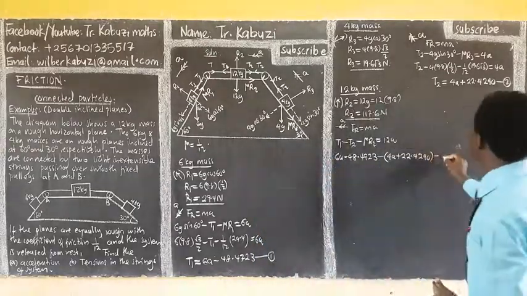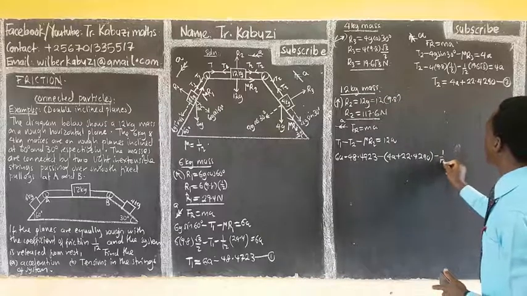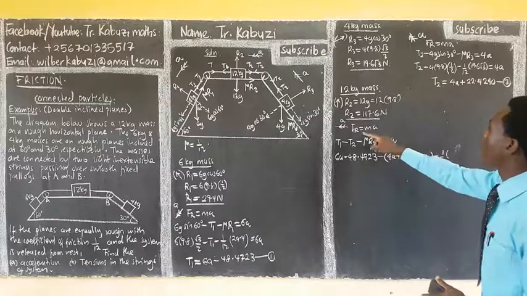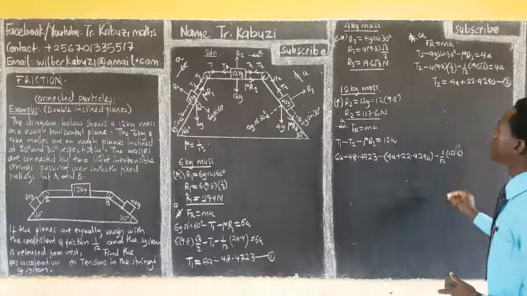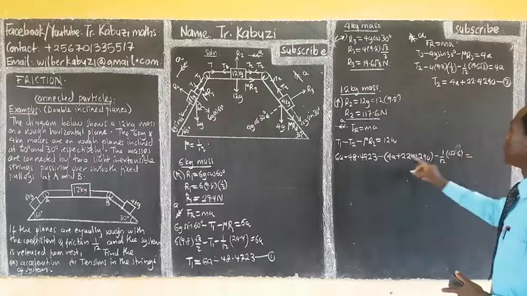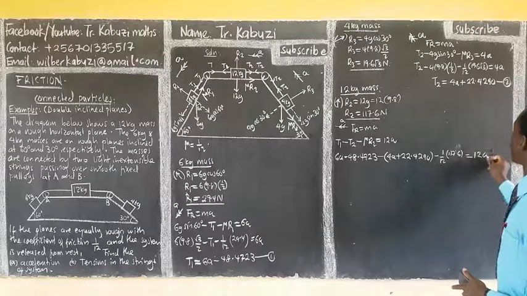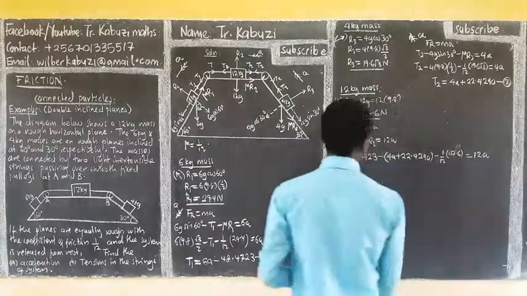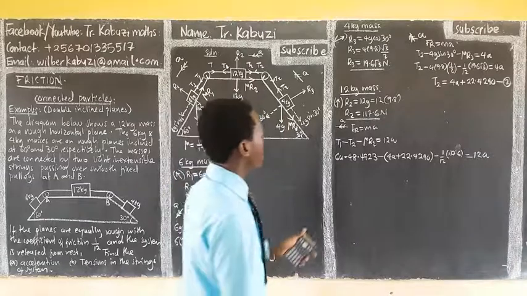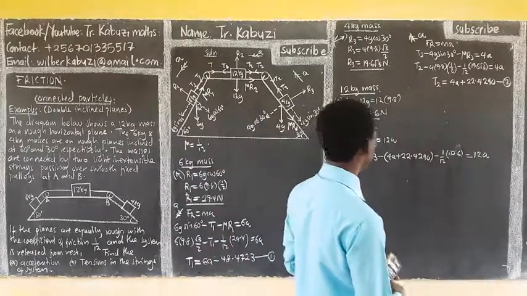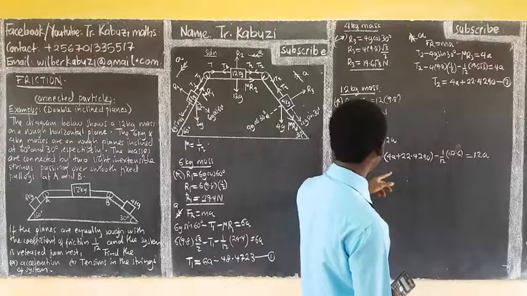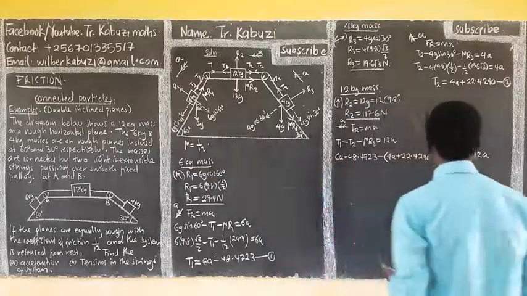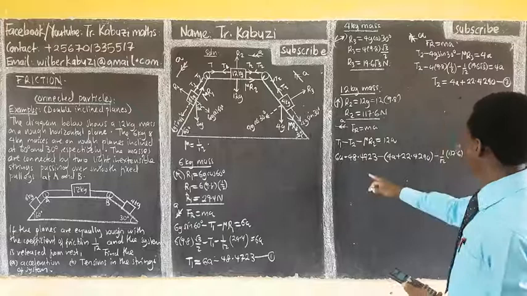Then minus mu, which is 1 over 12, into R2, which is 117.6, equaling now 12A. This A I'm looking for. Let us just simplify and see what it shall be at the end.